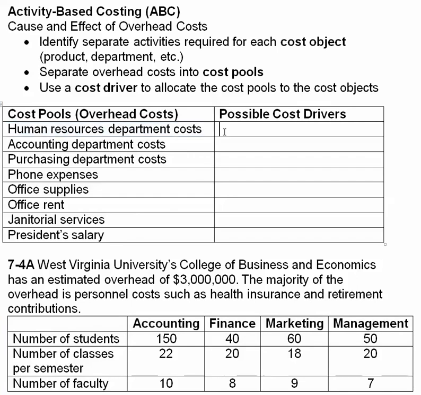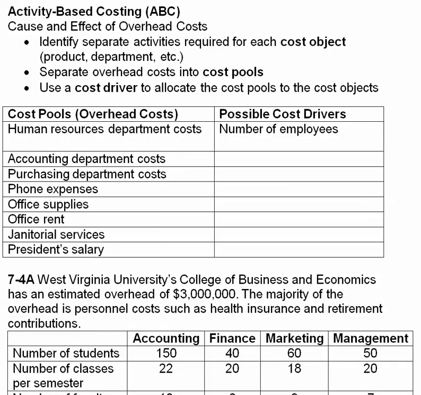Well, when you think about human resources, just like with the faculty in a previous problem, the number of employees would be a good way to allocate the costs to the different departments or to the different products or services. The other would be maybe the number of new hires, because a lot of the costs in a human resources department go into hiring new people. So those would be possible cost drivers.